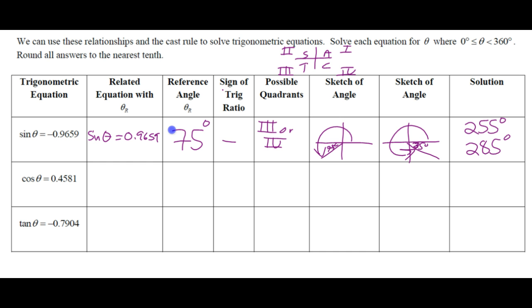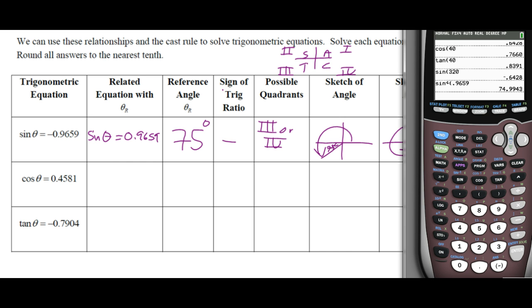Now you might say, why don't I just go into my calculator and type in the inverse sine of negative 0.9659? What do you think it's going to give me? It's going to give me the negative of this.